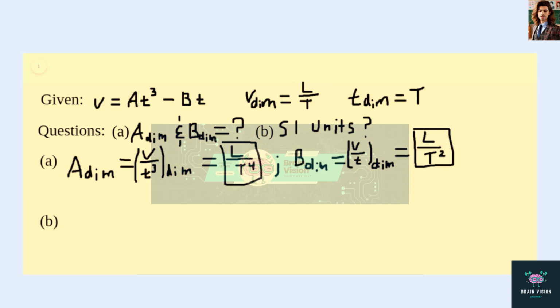Let's go ahead and put those in SI units. So the SI units, I'll write this as SI for A. Well, that's just going to be the SI units for length divided by the SI units for time to the fourth. SI units for length is meters, and for t to the fourth is seconds. Let's write this SI for A so we can distinguish between A and B. It is going to be meters over seconds to the fourth.